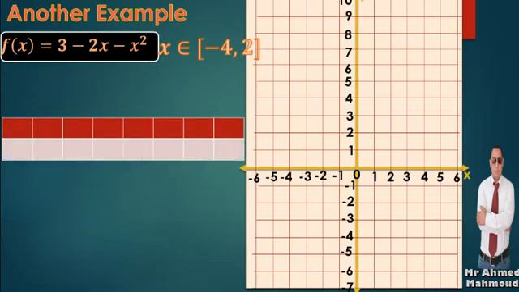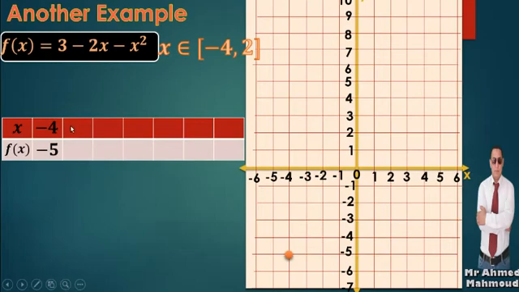First we are going to draw the table, and up here we write x, and here f of x. The first x is negative 4: 3 minus 2 times negative 4 minus negative 4 to the power of 2 equals negative 5. Negative 4 and negative 5 appears in this position, as we see.